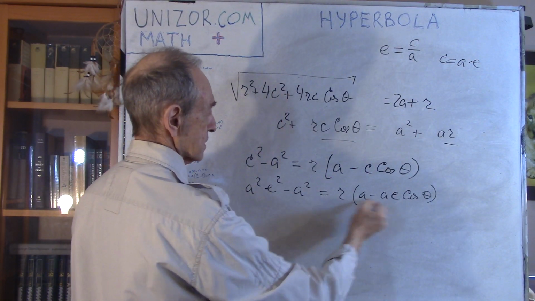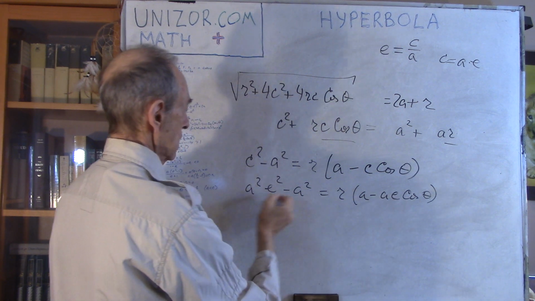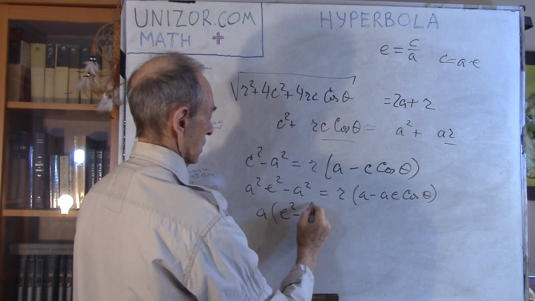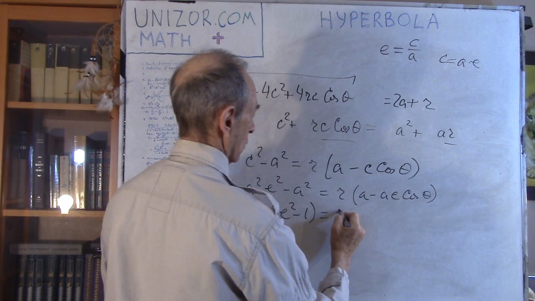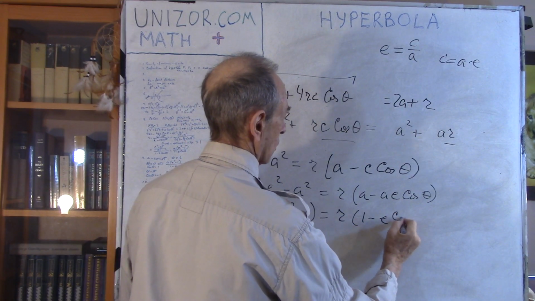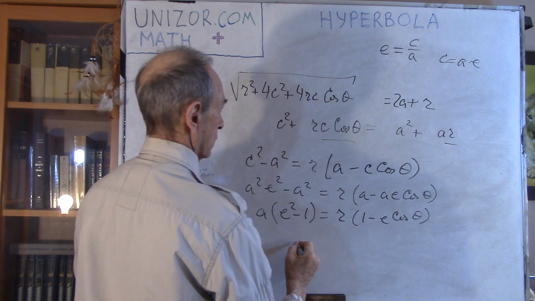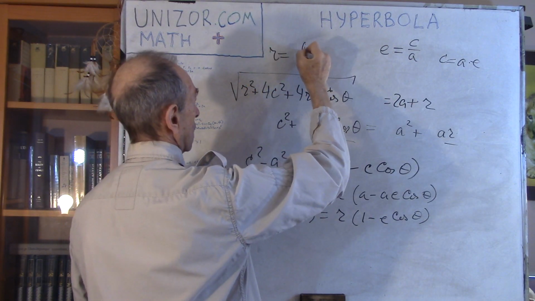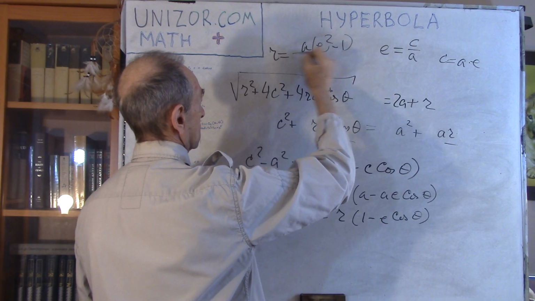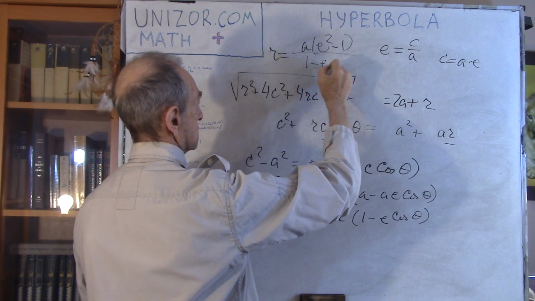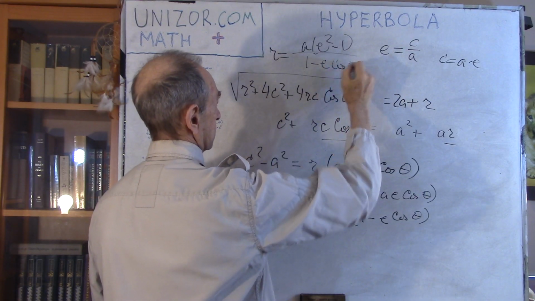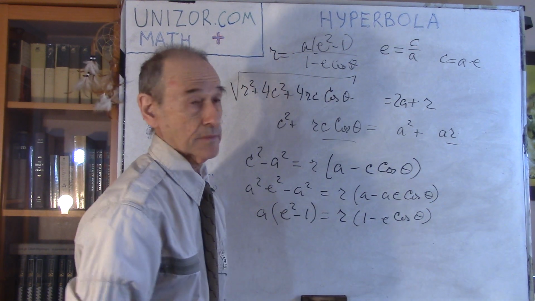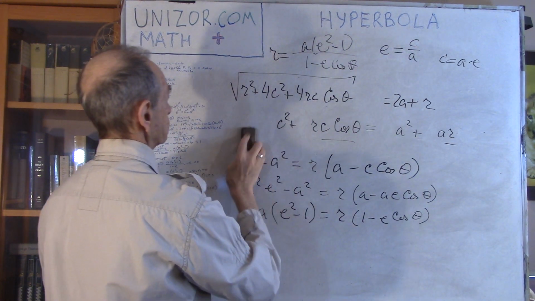Now we can divide both sides by a. So we will have a times e squared minus 1 is equal to r times 1 minus e cosine theta, from which r is equal to a times e squared minus 1 divided by 1 minus e cosine theta. That's the final.